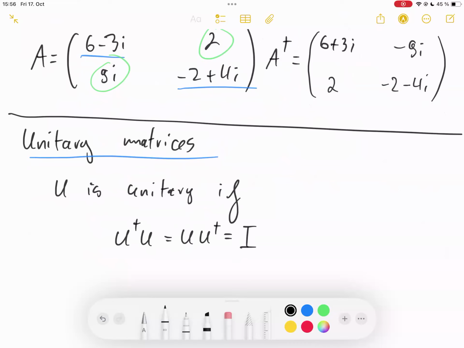Identity matrix is something we revised before. As you remember, the identity matrix is all zero except the main diagonal, which is only ones. So U dagger times U is the same as U times U dagger, and that must be the identity matrix.